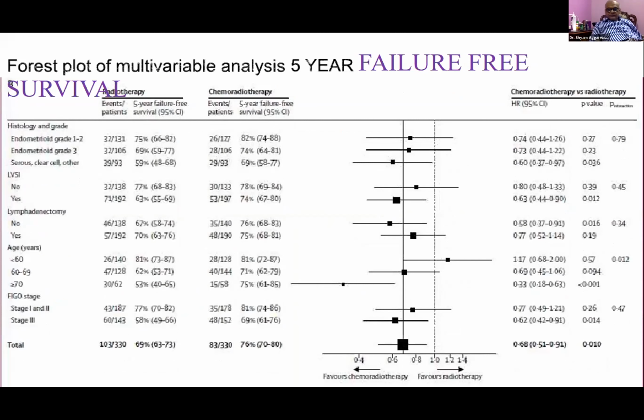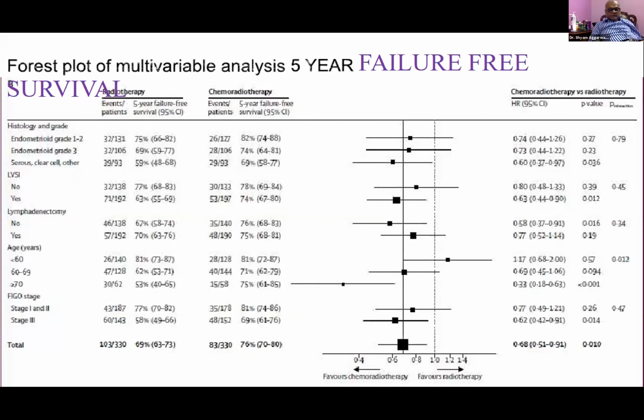So this is favoring chemoradiation as far as this is concerned. No, if you look at the forest plot, the confidence intervals are wide, but that's a subset analysis, right? So that is the debate here. This is a hypothesis generating thing.